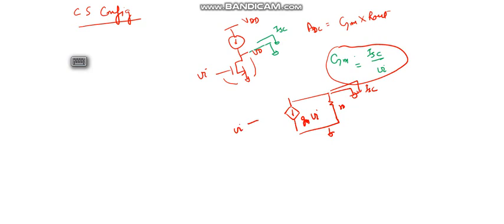Now if we see the impedance toward this, the impedance of an ideal current source is infinity, so this is not connected. This is the drain terminal or output terminal, and we can neglect this resistor because both sides are grounded. So the small signal model reduces to this.